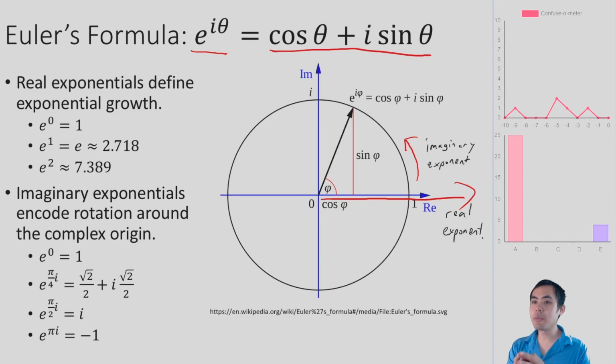As we were showing a moment ago, when you multiply by a real number, things get bigger. But one of the important things is that when you multiply by imaginary numbers, that encodes this rotation somehow. And so an exponent to an imaginary number is just a rotation around the complex origin.